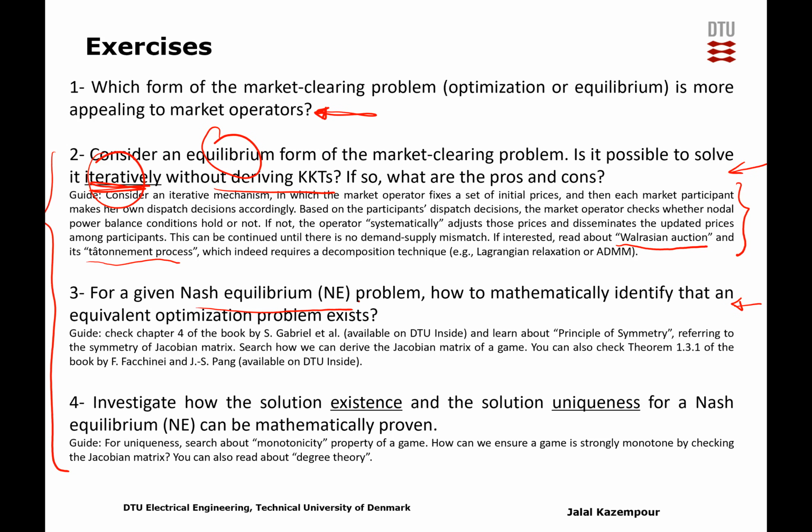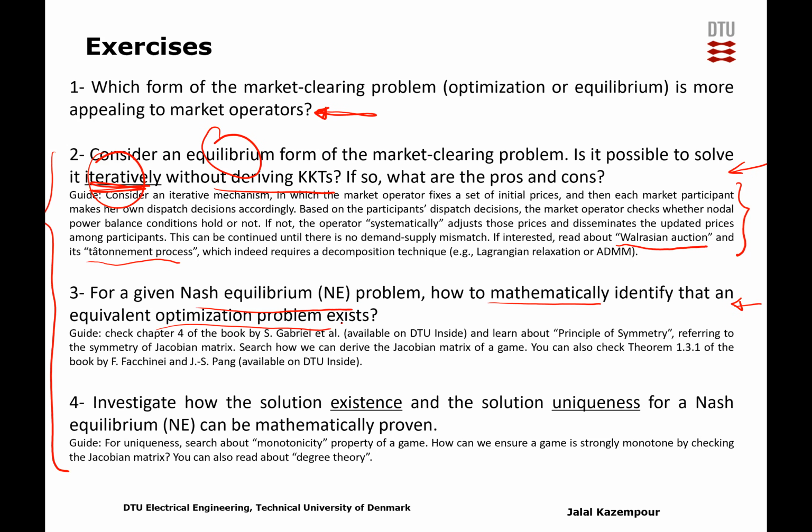How do we know mathematically that our Nash equilibrium problem has an equivalent optimization problem? If you have an equilibrium problem in hand, you derive the KKTs, but then you have to guess: do we have an optimization problem equivalent to our equilibrium or not? Yeah, I know, Mahia, you can check KKTs, but by checking KKTs, how can you end up with an optimization problem?